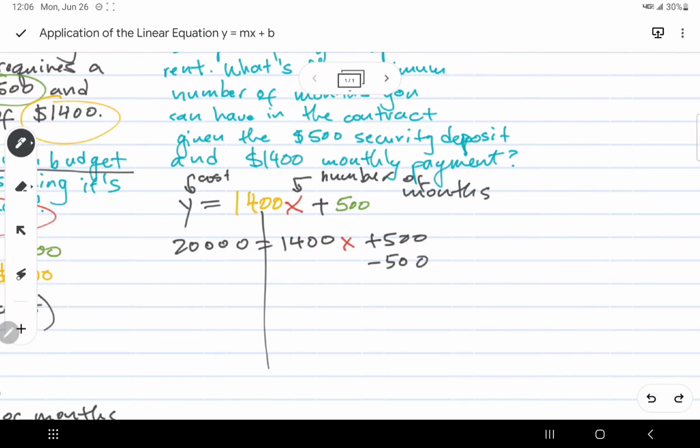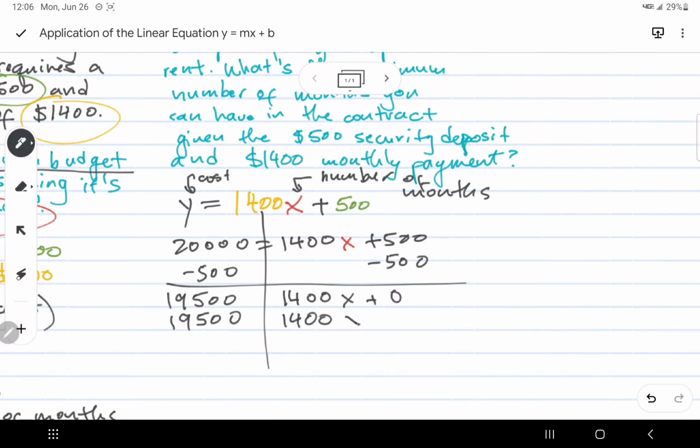Okay. So we subtract 500 here as well. 500 minus 500, that's just 0. And 20,000 minus 500, that is $19,500. And we bring down whatever it is that we did not use. So yeah, plus 0, that just disappears. So I'm just going to rewrite everything else and exclude that plus 0.